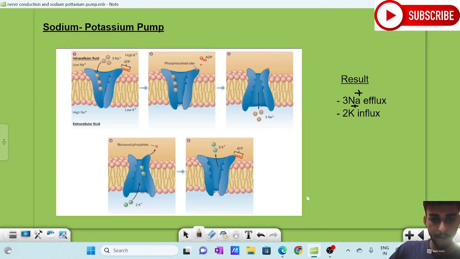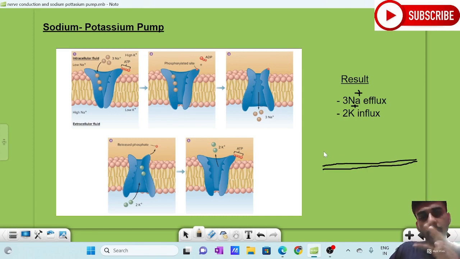Before that, let us consider a cell. This is the cell plasma membrane, a lipid bilayer. You should have two or three points in your mind. Please note them down if you want. A cell has an extracellular side and an intracellular side. Intracellular means in the cytosol or cytoplasm.